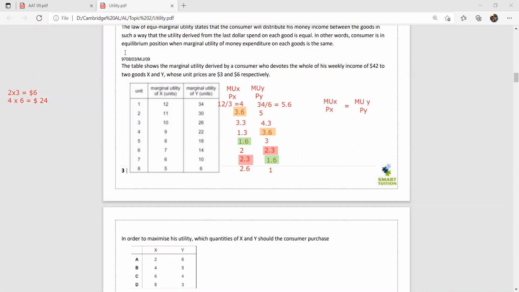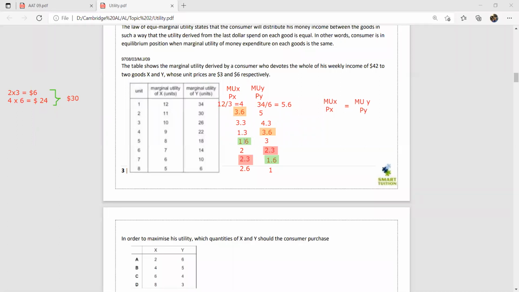When we take these two together, 6 and 24, the total income that the person had is 42. But here the consumer spent only $30. So this is not the equilibrium.